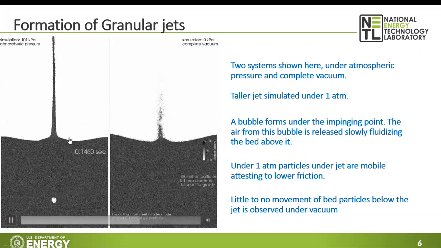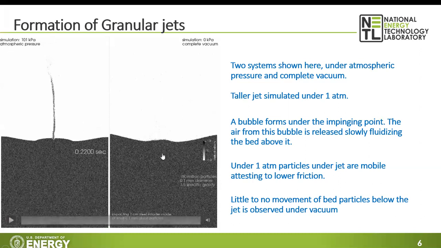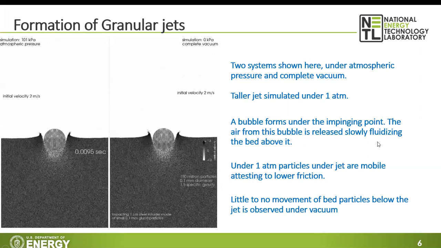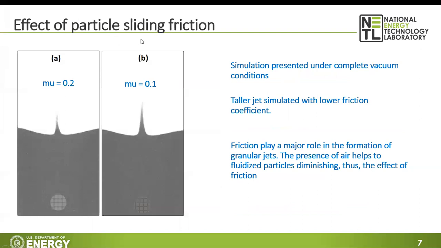It's not slowed down by frictional force. In this case, there is no air to fluidize the grains below the jet, and the particles are stuck in contact, and once they're in close contact, then friction is significantly important. We check that in the next slide.